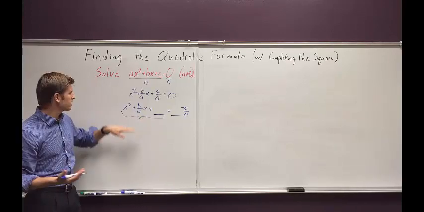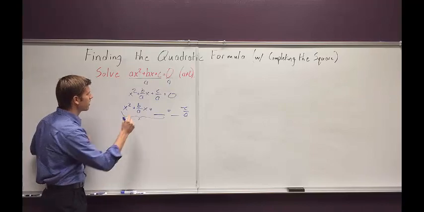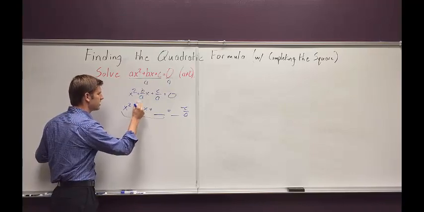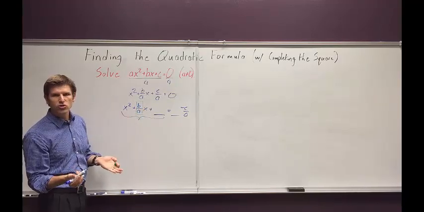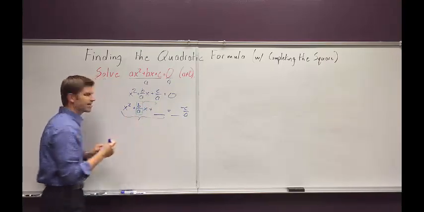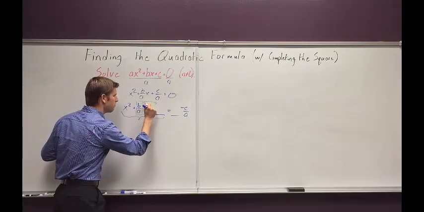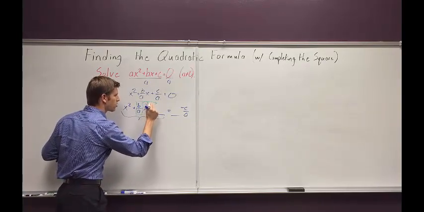Well, how do you make something into a perfect square? Some of you may remember that you take this, you divide it by 2, and you square it. And that's what you have to add to both sides. So divide by 2 and square.